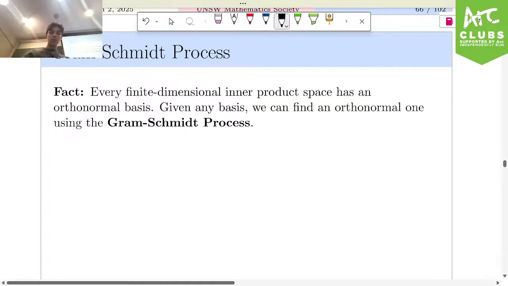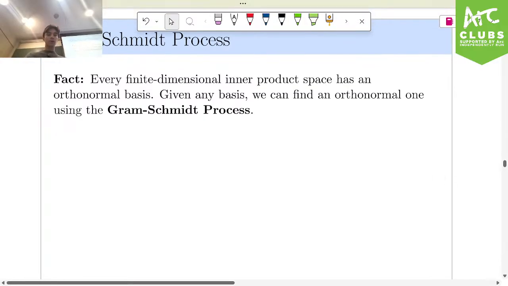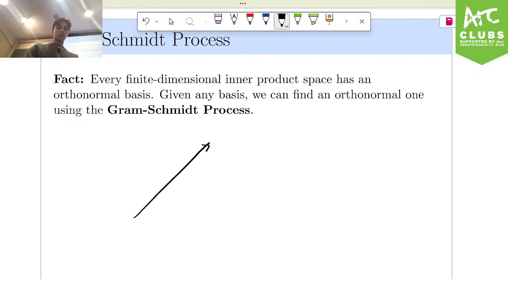So we come to something called the Gram-Schmidt process. What we know is that every finite dimensional inner product space has an orthonormal basis. So given any basis, we can find an orthonormal one using the Gram-Schmidt process. The intuition behind this is that if you have some set of vectors, you can start with the first of them, v1, right?